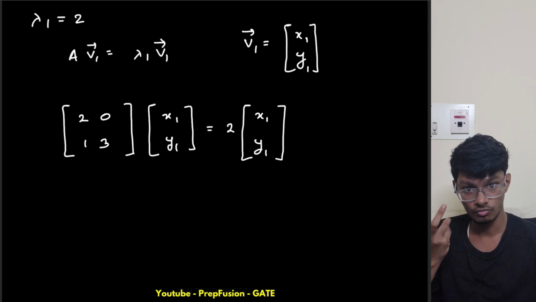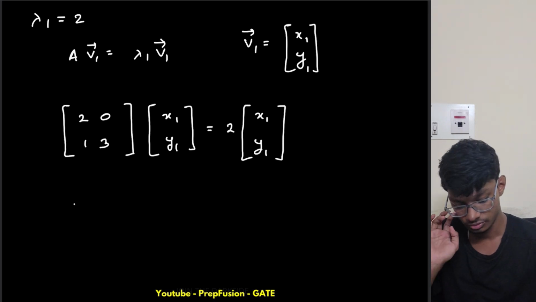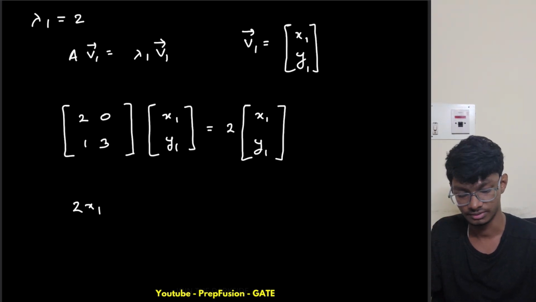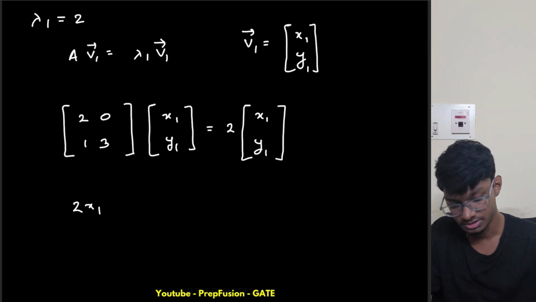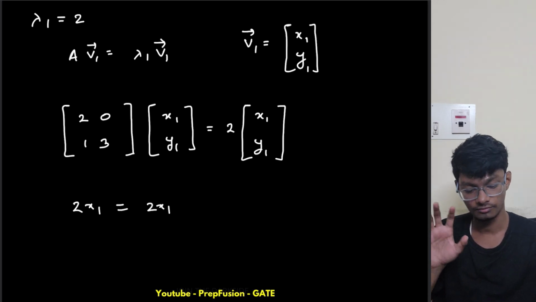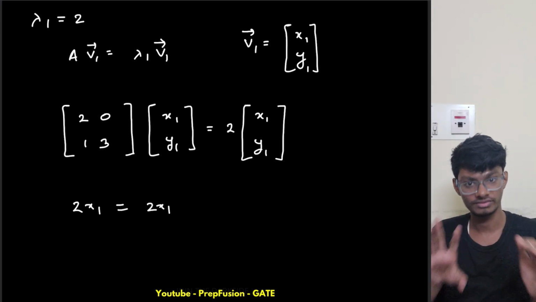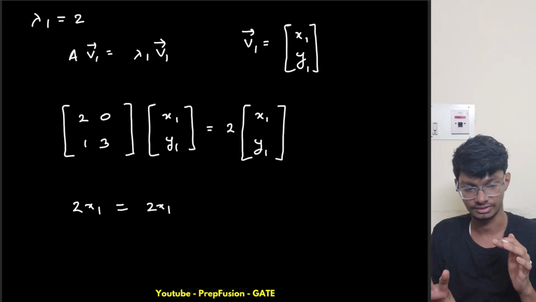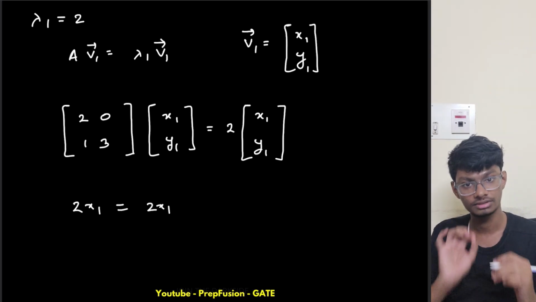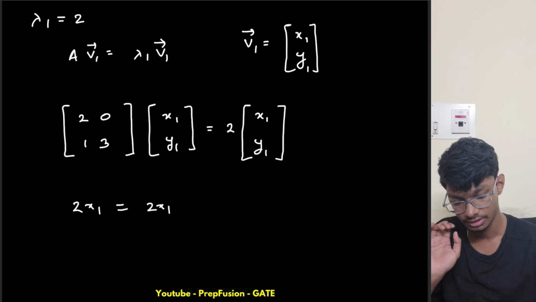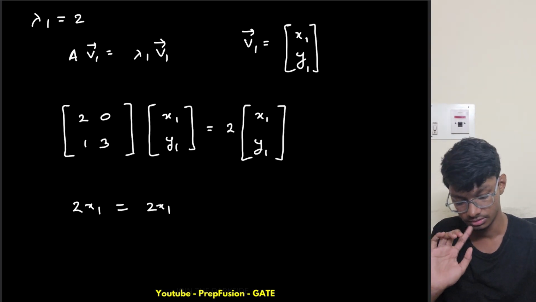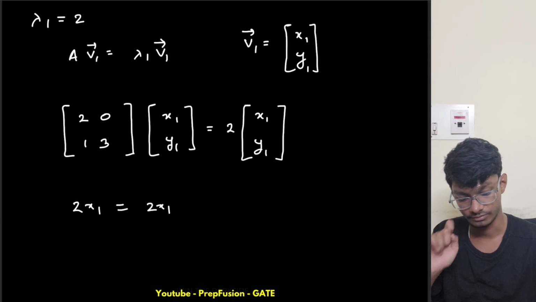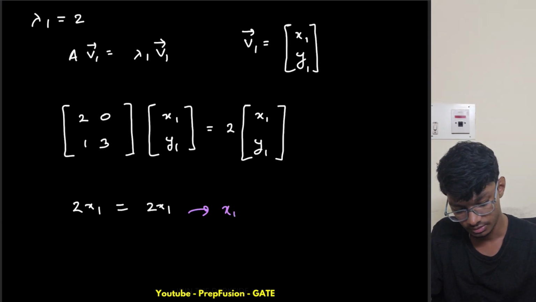So now what will happen? Basically I will find the relations, right? I hope you know matrix multiplication. So 2 times x1 plus 0 times y1, so that is 0 only, equals 2 times x1. So from here, this equation is always satisfied. So x1 can be any value.